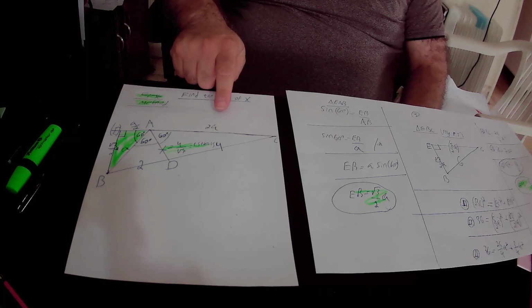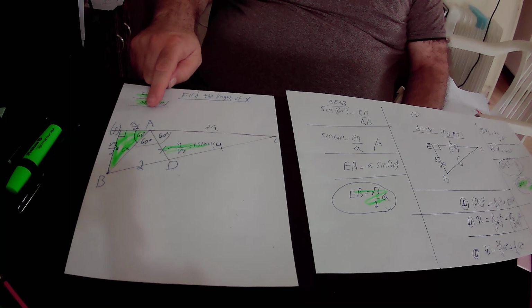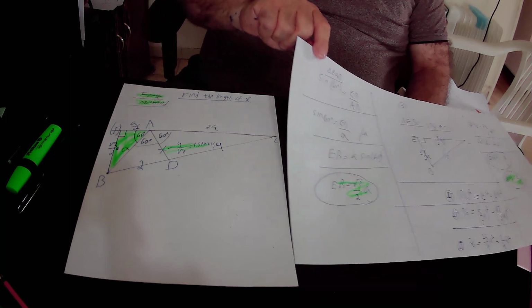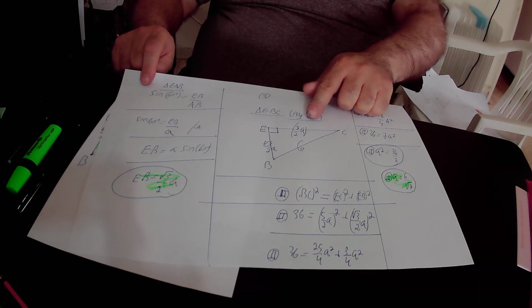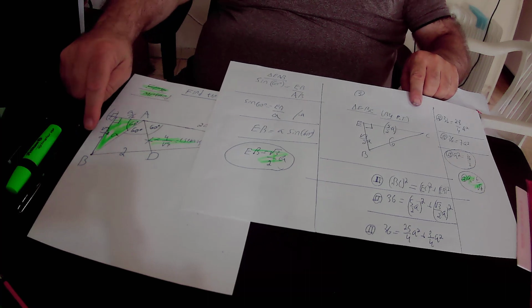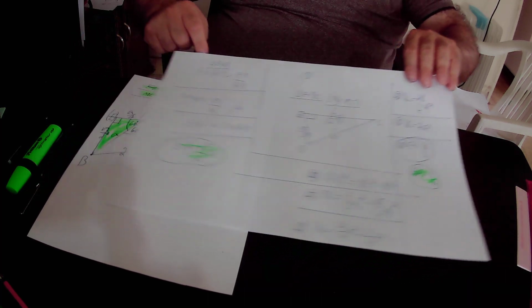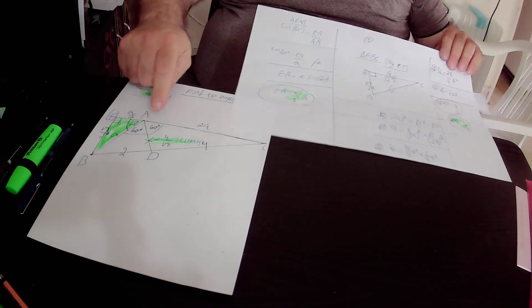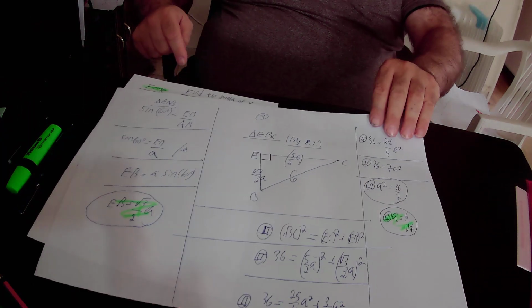EC equals 2a plus a over 2. 2a plus a over 2 is 2.5a, and 2.5a is 5 over 2 a. So EC equals 5 over 2 a. We already found that EB equals square root of 3 over 2 times a. And BC equals 4 plus 2, that is 6. The hypotenuse equals 6 units.